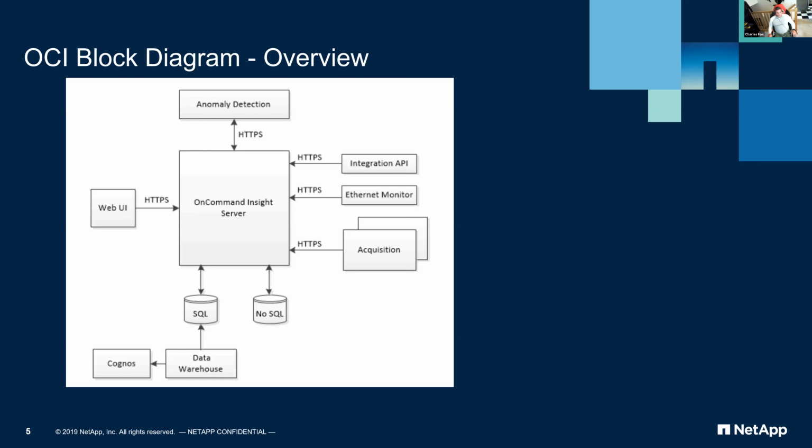For communications between all of these components, we try very hard to follow network-friendly and industry-standard mechanisms like HTTPS, but the API, the Ethernet monitoring unit, et cetera, all of these guys communicate to the central OCI server. There are also other optional components like the data warehouse. The data warehouse and its Cognos reporting engine live with a separate SQL database on a different server. But this is just to give you a general idea of how all the pieces fit.